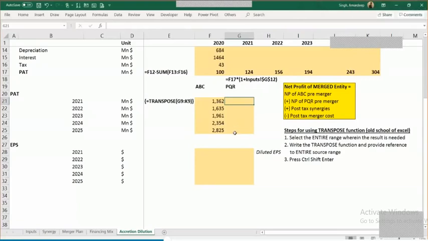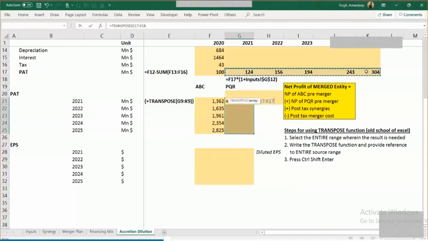The process is same. Step number one, select the entire range wherein the result is required. I have selected this range. Then I'm going to write equal to transpose, and I'm going to provide reference to the entire source range, which is from G17 to K17. That's what I would like to pick.